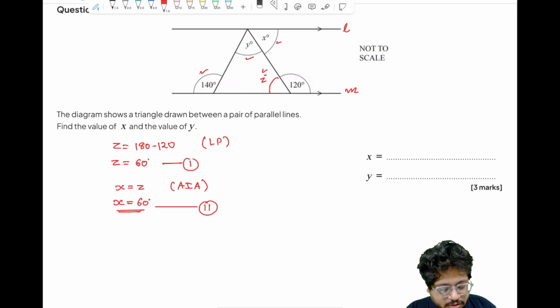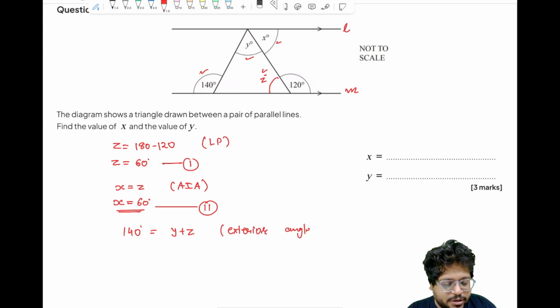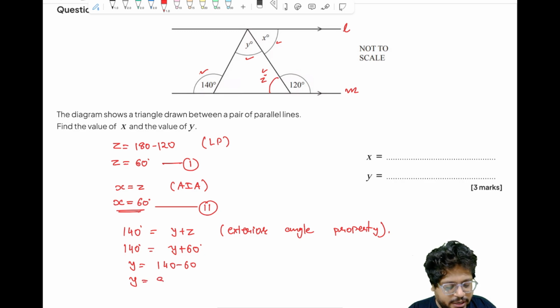So let's use that. 140 is equal to Y plus Z, that is the exterior angle property. Z we have already found. So 140 degrees is equal to Y plus 60. Let's make Y the subject, that is 140 minus 60. So Y is equal to 80.